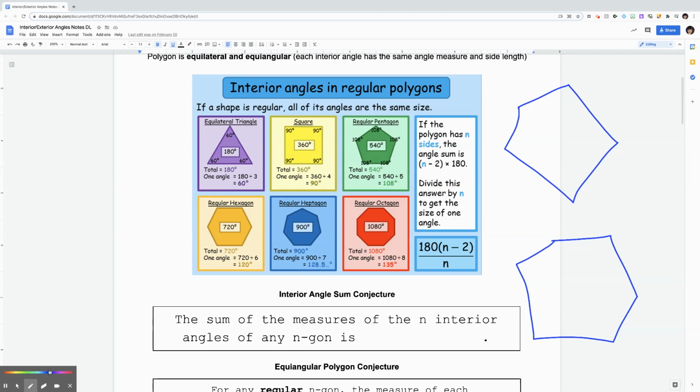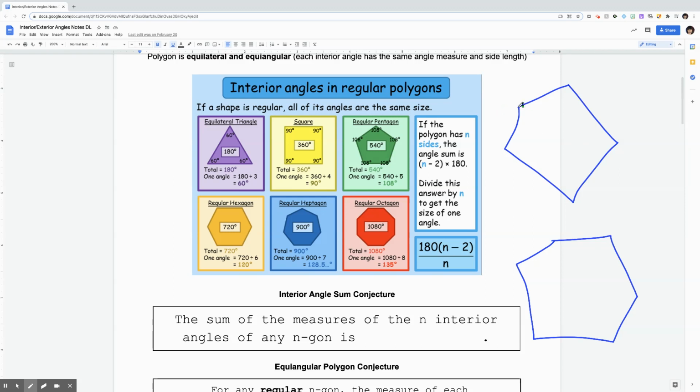So here's where this formula for the sum of the interior angles in any polygon comes from. You can take any polygon, even the ones that are very badly drawn on the screen by me right here, and divide them up into triangles by connecting their vertices, but without having any of those lines cross.